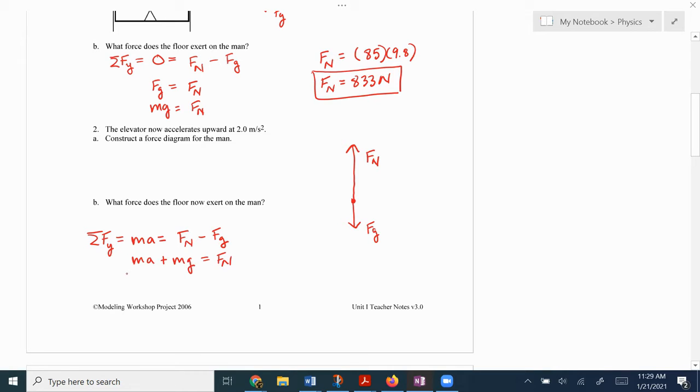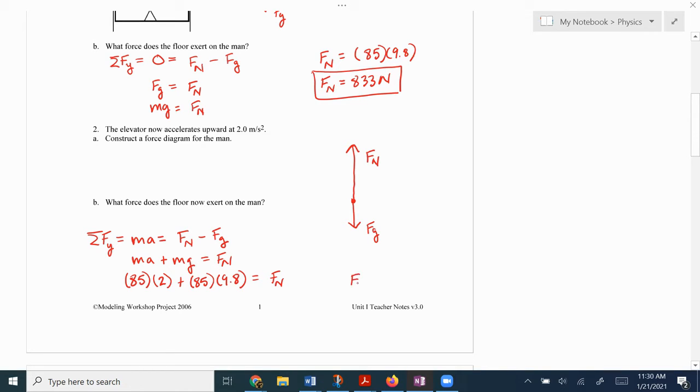For the normal force, it's still the 85 kilogram guy. The acceleration is 2 meters per second squared. Let me plug that in: 85 kilogram person, and 9.8 meters per second squared is gravity.